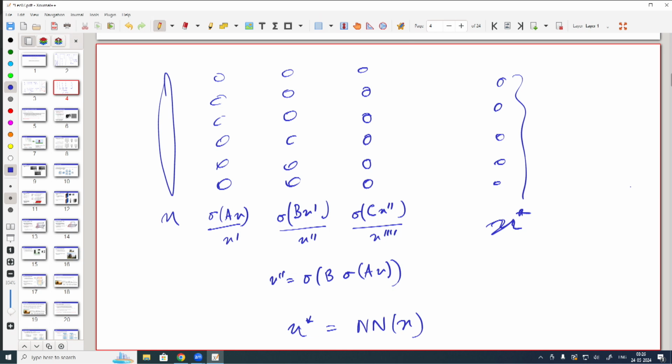As I was saying, you use a very general optimization algorithm called gradient descent, where you have this final loss function.